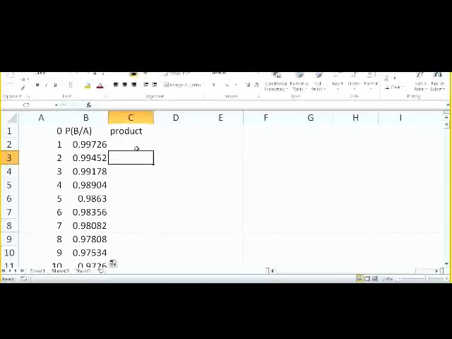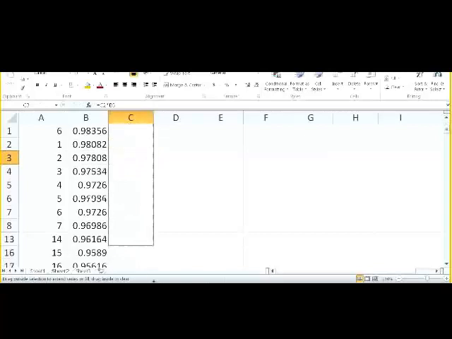And to get the cumulative probability, what you do is you take the original probability, which is this one, and you multiply that times the probability in the next step of the process.